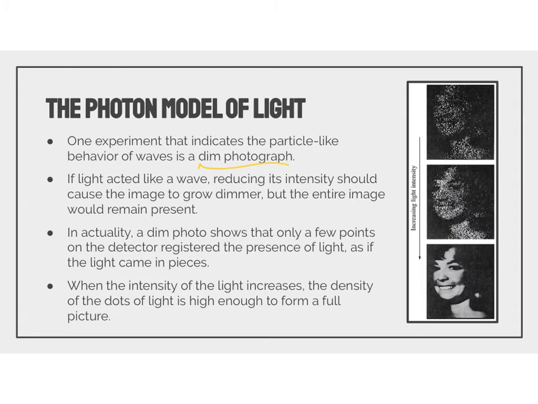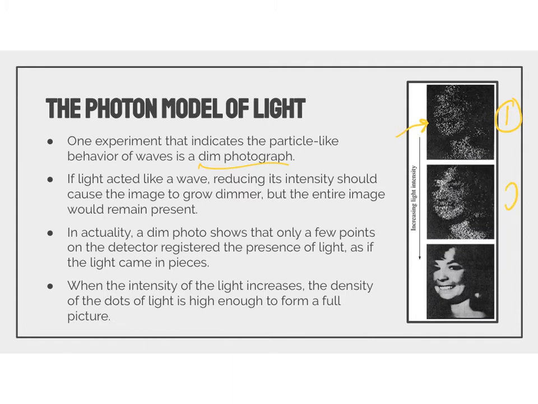If light acted as a wave, then with less intensity, which is picture one on the right, we should be able to see the entire image and it would just be dimmer. But what we actually see, this dim photo number one, doesn't show everything. It doesn't show the complete photo.